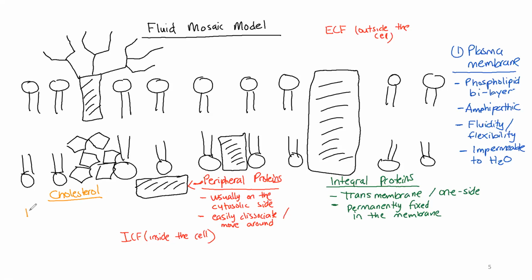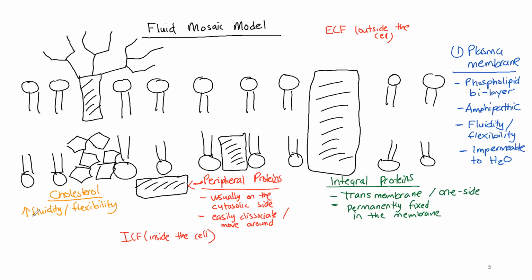So cholesterol increases the fluidity and flexibility. When we say fluidity and flexibility, it's going to break up the phospholipid repetitions and allow some malleability of the membrane. So the membrane is movable. It's not this rigid, hard, fixed structure.